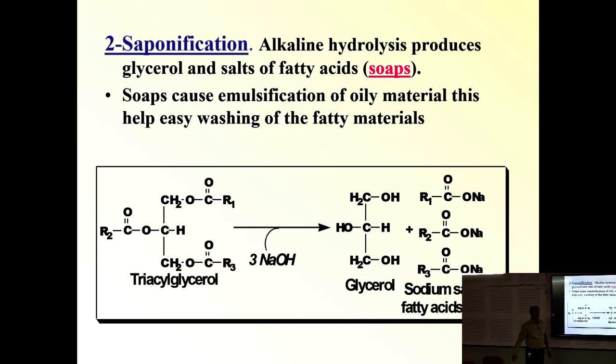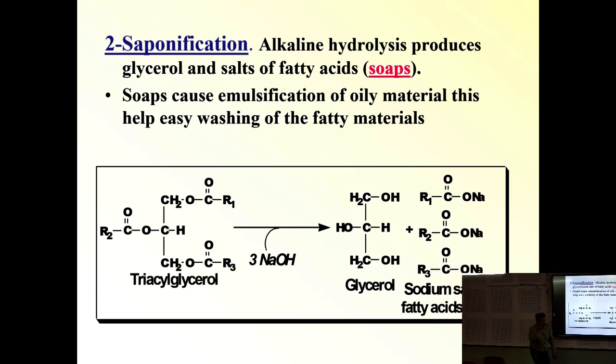Here it requires NaOH or KOH. Alkaline hydrolysis produces glycerol and salts of free fatty acids. These salts of fatty acids are called soaps. Soap causes emulsification of oily material that helps easy washing of fatty materials, so dust or any dark spot can be removed.